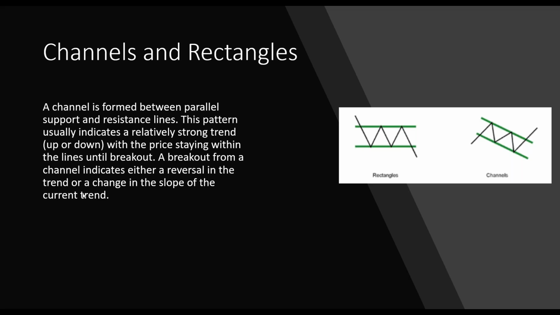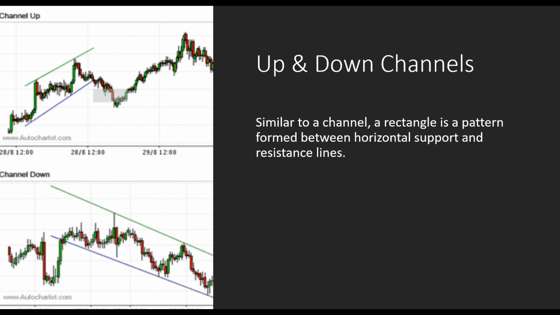But this pattern usually indicates a relatively strong trend up or down, with the price staying within the lines until the breakout. The breakout of a channel indicates either a reversal in the trend or a change in the slope of the current trend. And then we have up and down channels, but they're very much like the trend line, whether price is moving up or price is moving down.